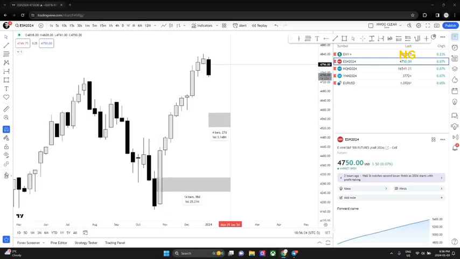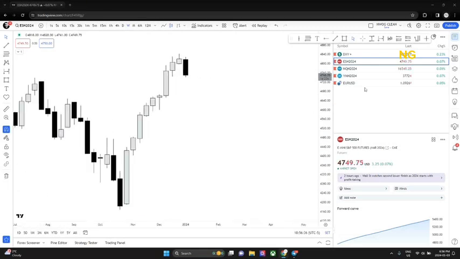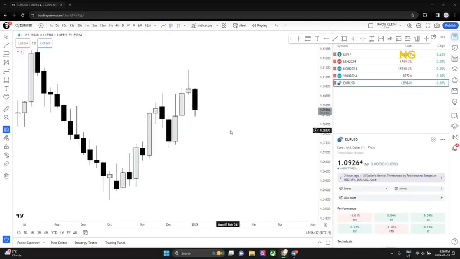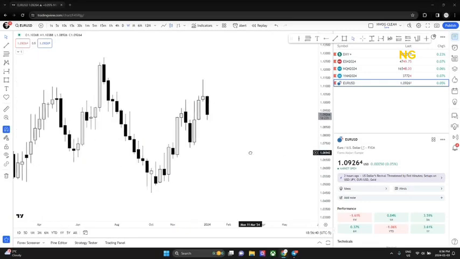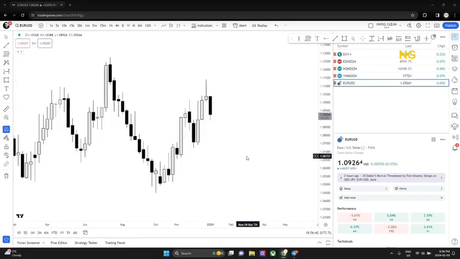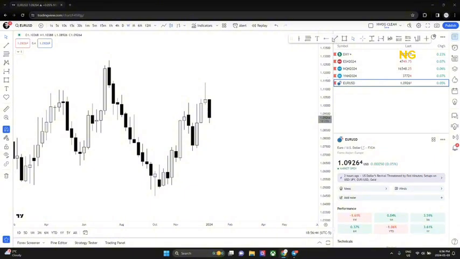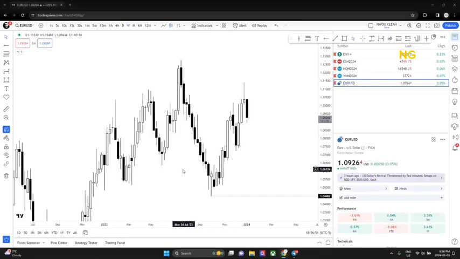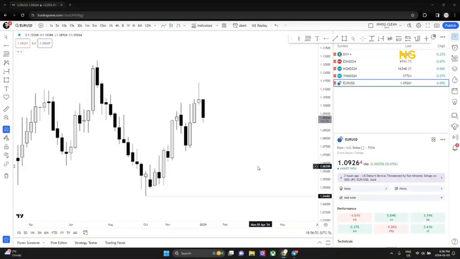Yeah, I was already working on this one. There we go, EU. So I'd say the yearly drawn liquidity is probably down here. This one for sure.